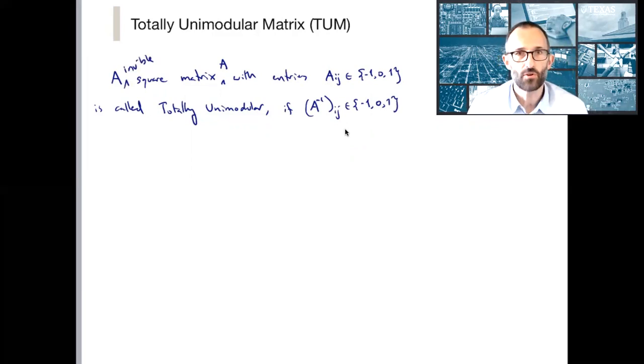Now let me give the other definition that we are going to be using, and then we can think about why one of them implies the other.